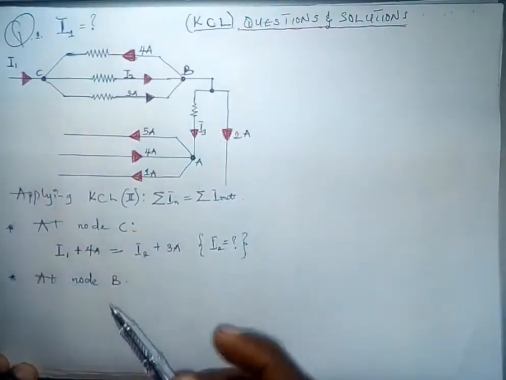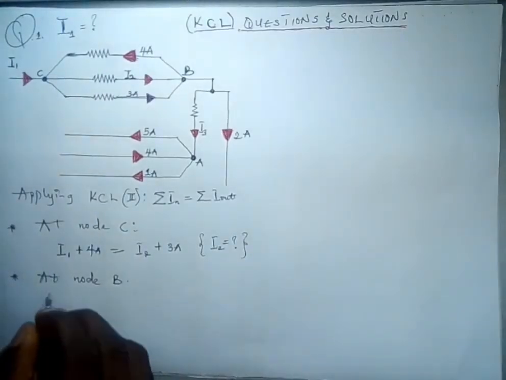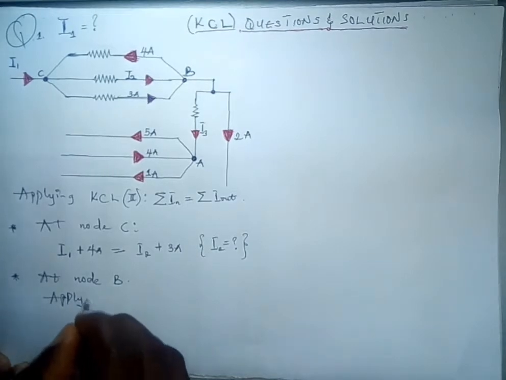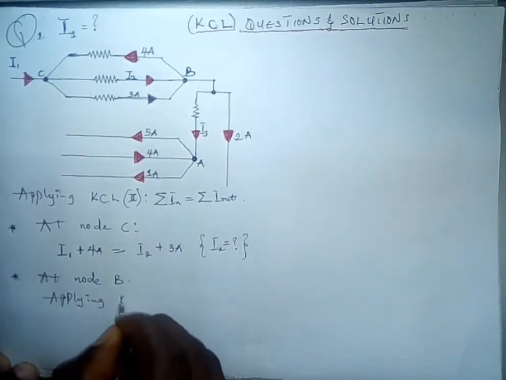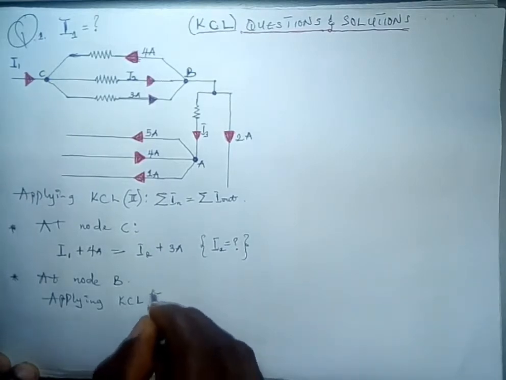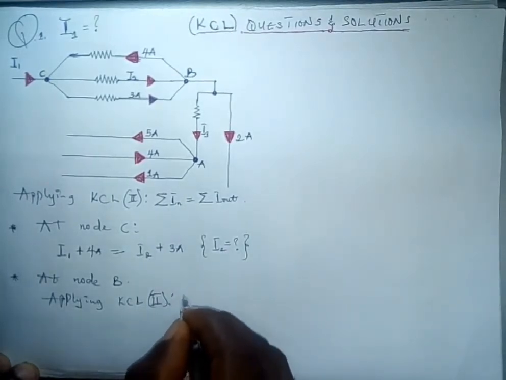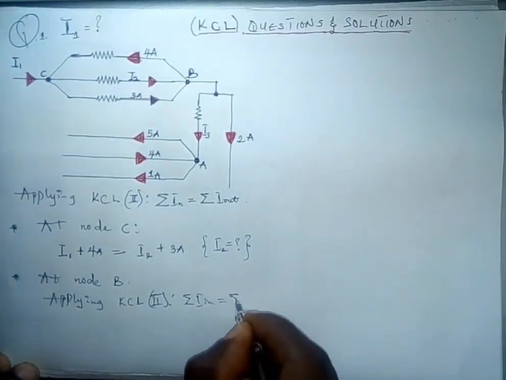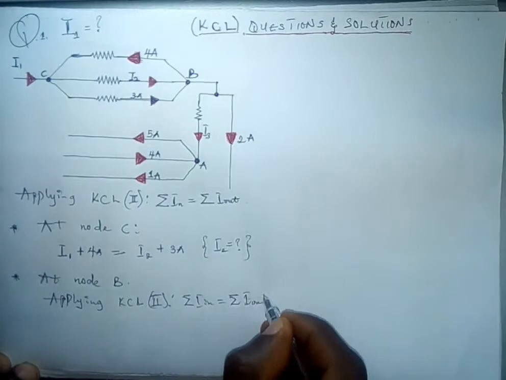So applying the same KCL, which is what we have been using from the beginning to make it easier for us, which is sum of I in equal to sum of I out.